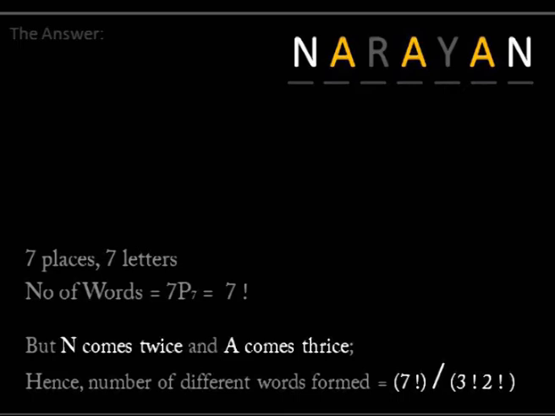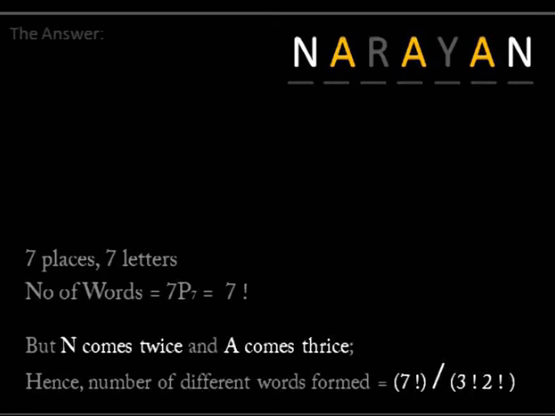As a result, the expected number of words possible should have been 7 factorial. But because there are repetitions, we will have to divide by 2 factorial and 3 factorial. Because N is coming twice, we divide by 2 factorial.